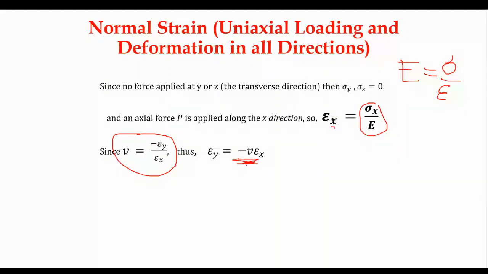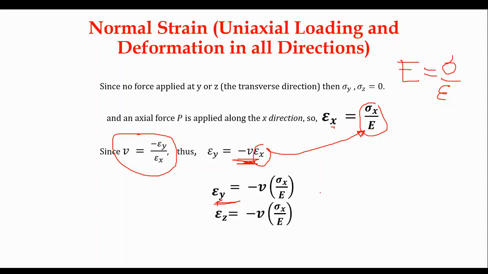But then, since strain in x is ito man, so we can actually express the strain in y in terms of stress in x. Okay? Maski ang stress is nasa x, na-solve na to ang strain sa y. And that's also the same sa z.